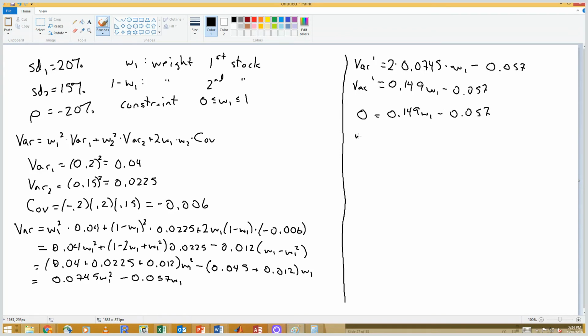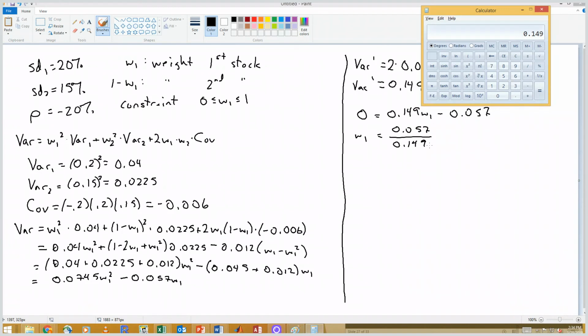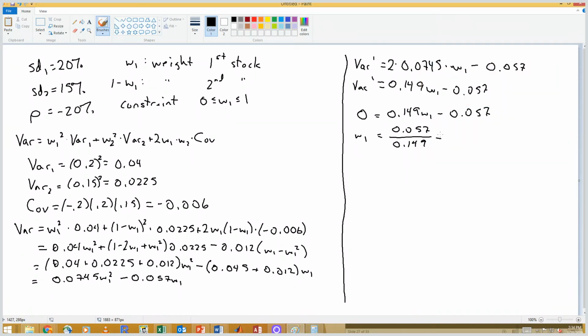And so W1 equals 0.057 divided by 0.149, 38.3%. So weight 1 is equal to 0.383. That's our critical number.